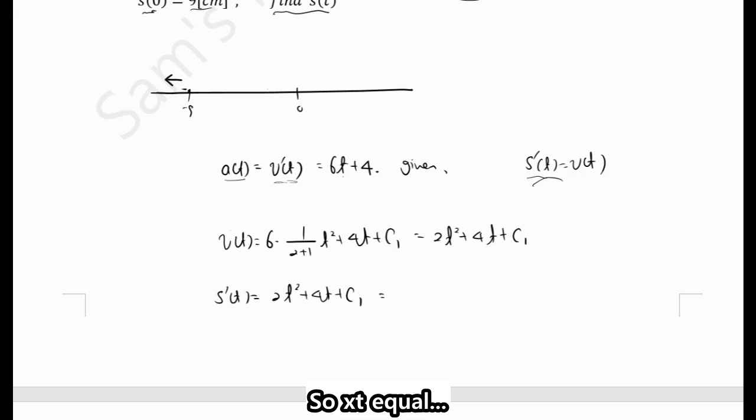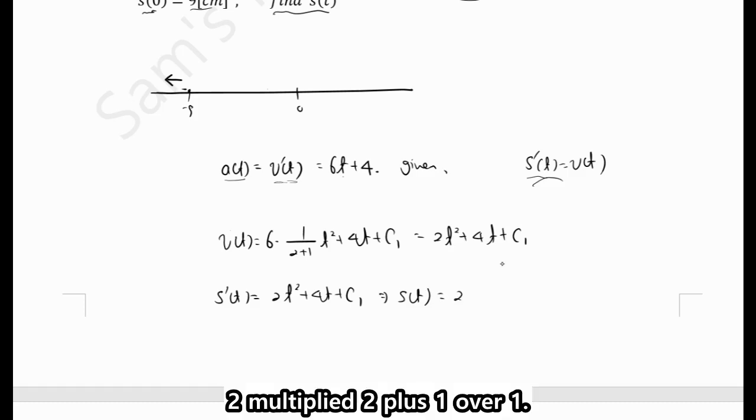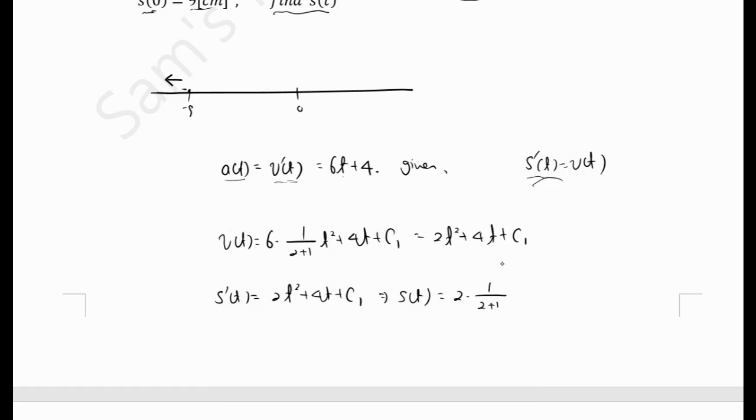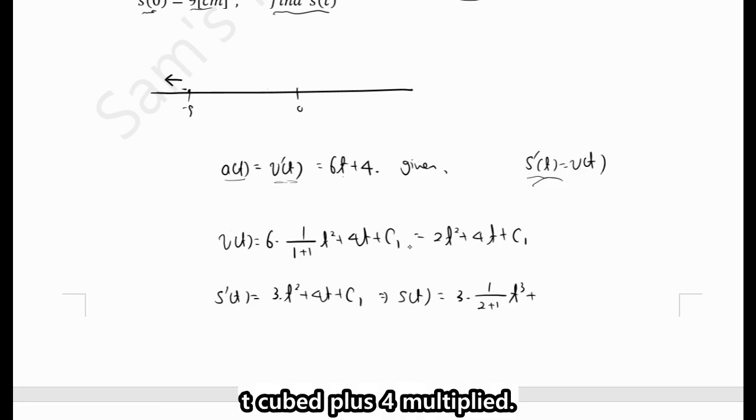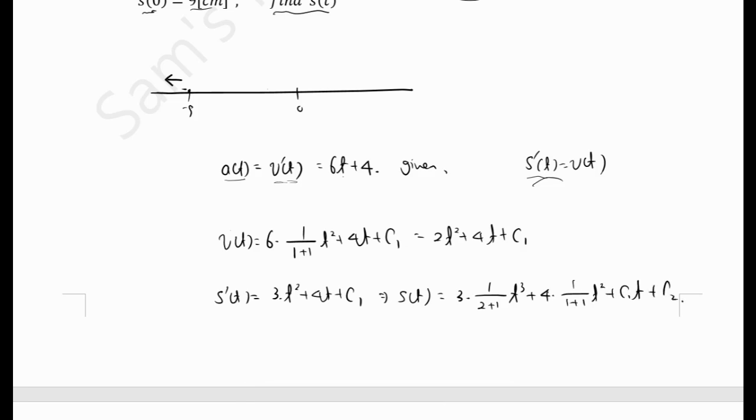So s(t) equals 3 multiplied by 1 over 3, t cubed, plus 4 multiplied by 1 over 2, t squared, plus c1 t plus c2.